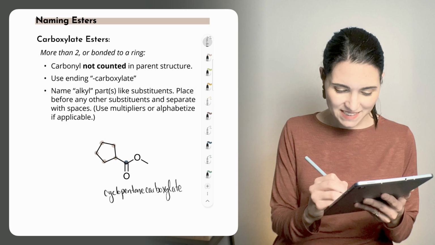And then we will name the alkyl part of the ester again like a substituent, but we'll separate it with that space to distinguish it from any other substituents and let whoever's reading it know that it is part of the ester functional group. So we've got a methyl on this one. So we will just put methyl space cyclopentane carboxylate.